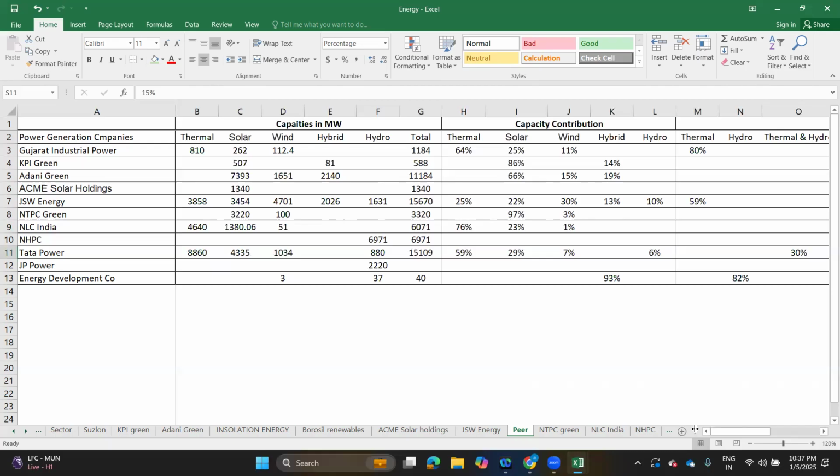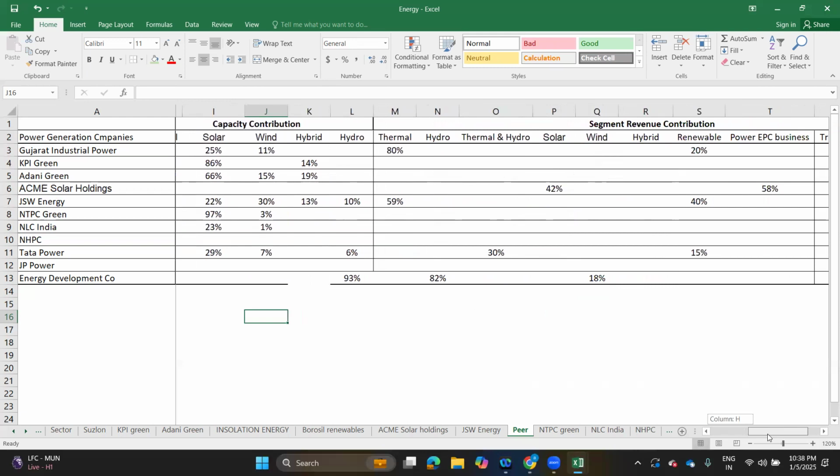So next company is Energy Development Company. So 40 megawatt, very small capacity. 40 megawatt is the total capacity, out of which 93% is hydroelectricity.